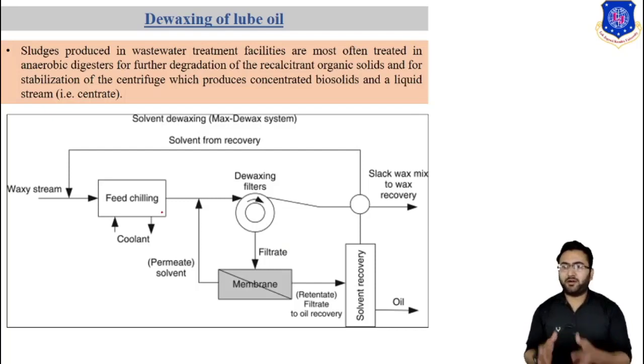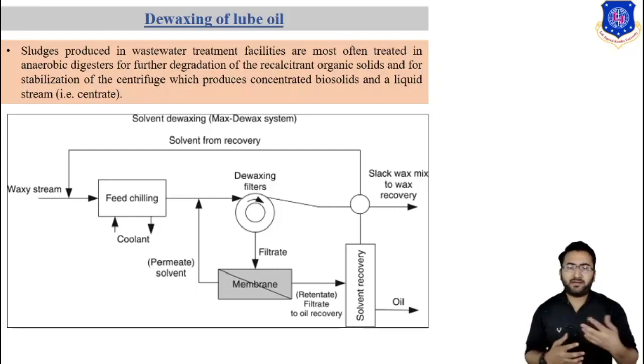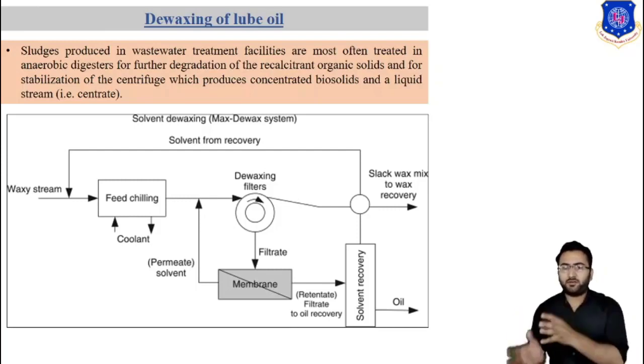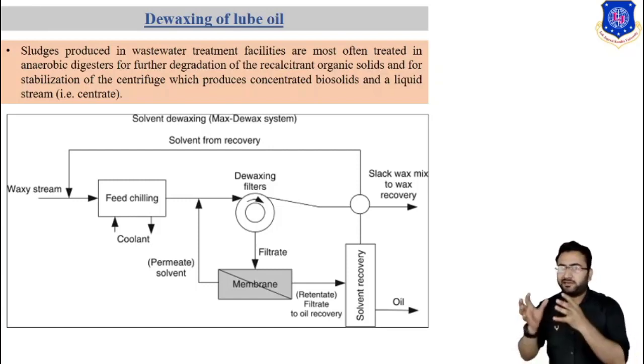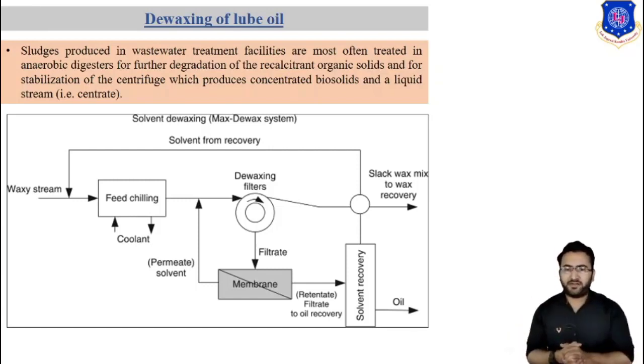Now let's discuss the dewaxing of lube oil. Conventionally, dewaxing of lube oil is carried out by solvent extraction. Here lube oil is mixed with solvent and the mixture is cooled down to minus 20 degrees Celsius, the temperature at which crystallization of wax takes place.